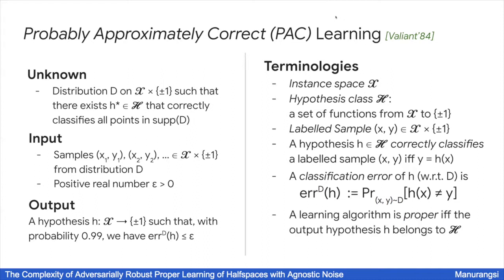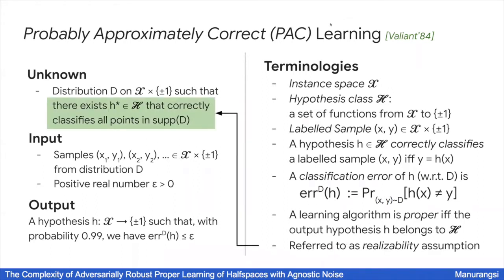So this leads to the definition of proper learning. A learning algorithm is said to be proper if the output hypothesis h belongs to the hypothesis class big H. In this talk, we will be focusing on only the proper learning algorithms. We will come back to discuss improper learning algorithms a little bit at the very end.